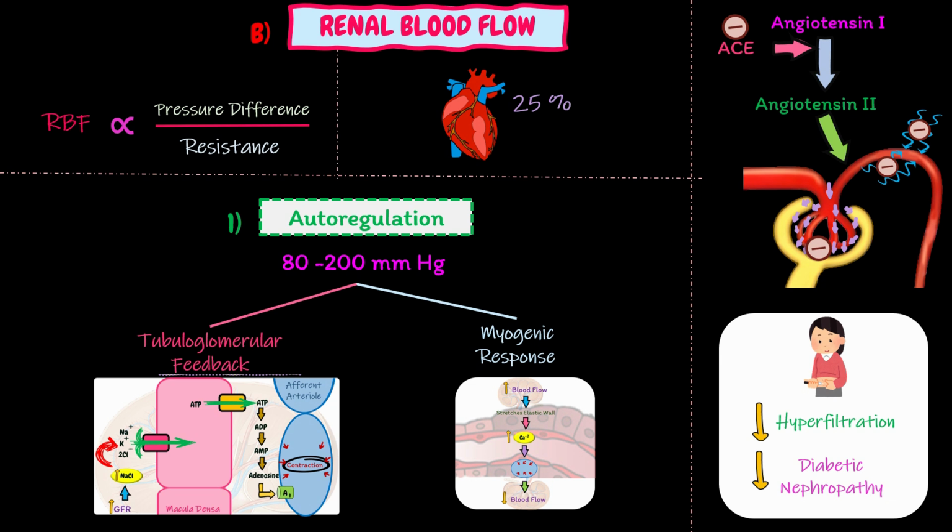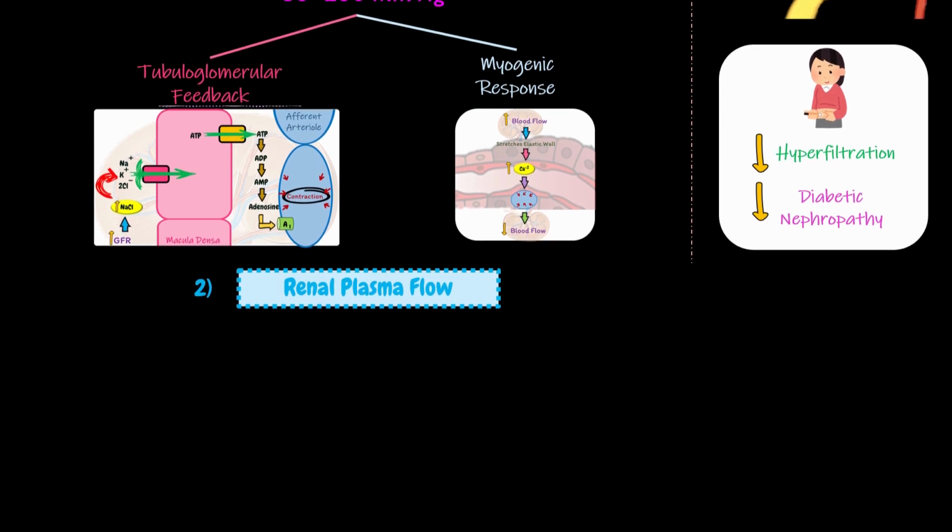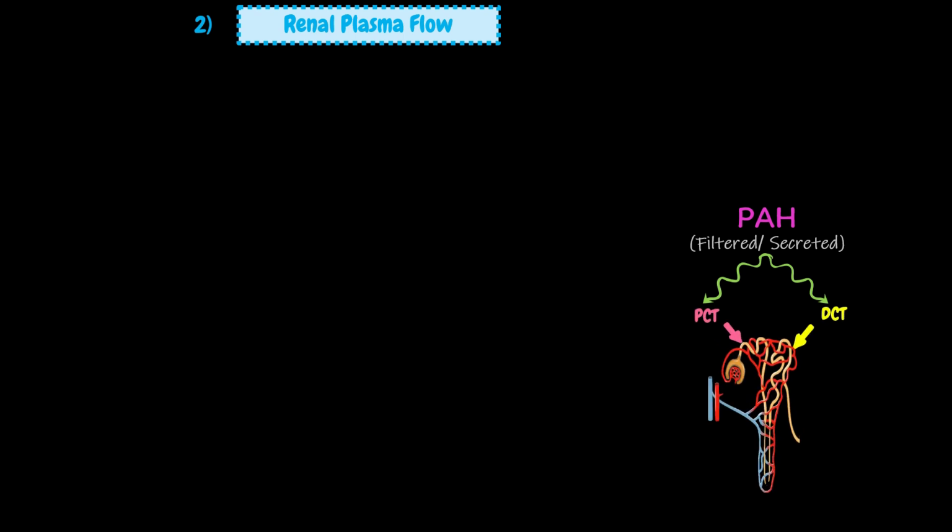The second point we need to discuss under renal blood flow is measurement of renal plasma flow, or RPF, through the clearance of para-aminohippuric acid, or PAH. Para-aminohippuric acid is filtered and secreted by the renal tubules. Clearance of para-aminohippuric acid is used to measure renal plasma flow.